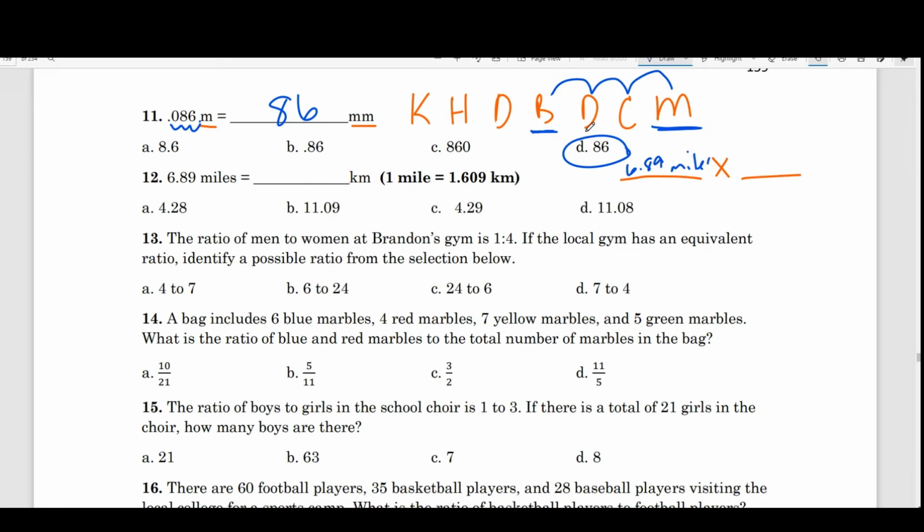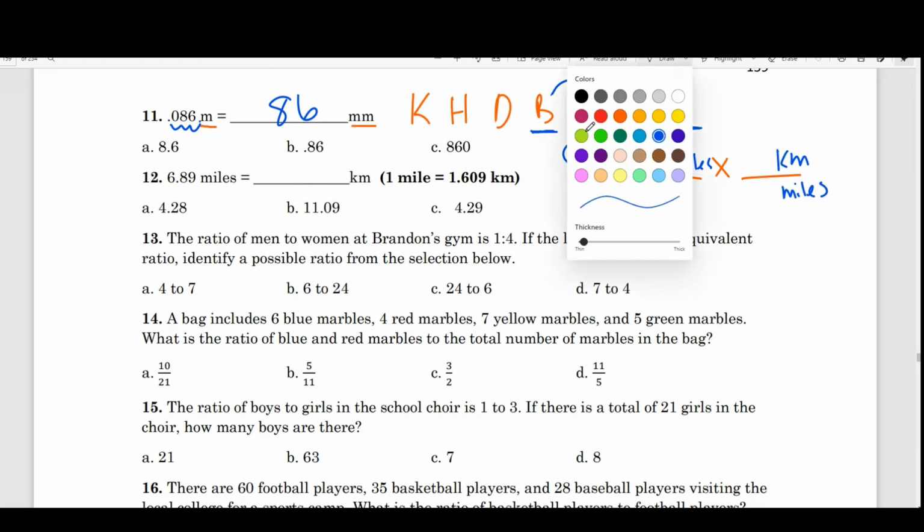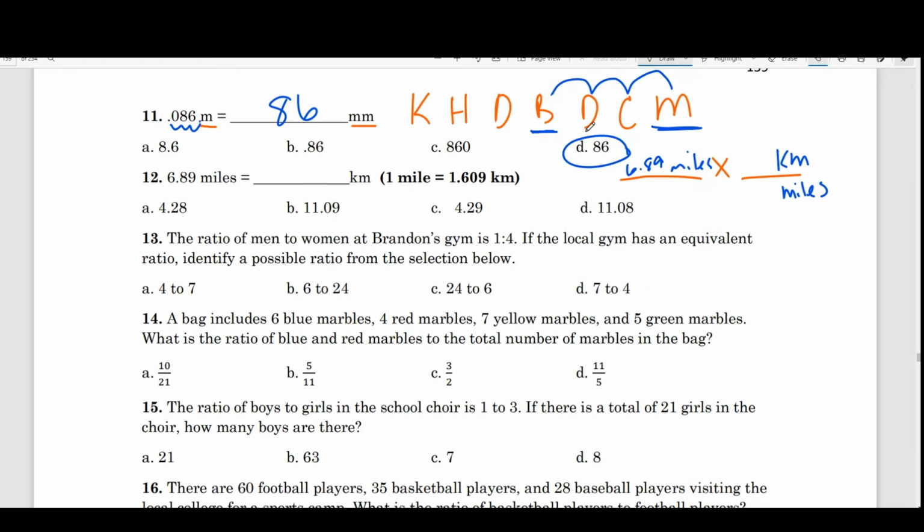Because I have miles up top, I need miles diagonal so they can cancel out. And then we have kilometers. Then you fill in the conversion factor, which is here.